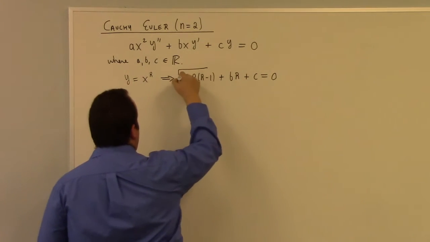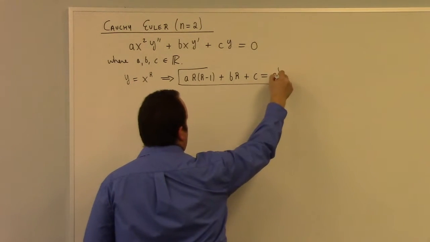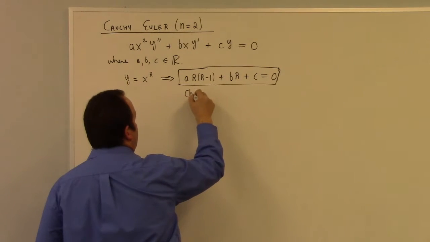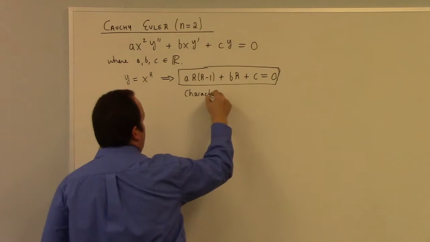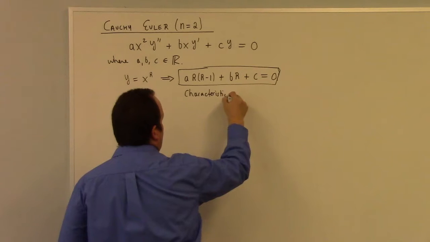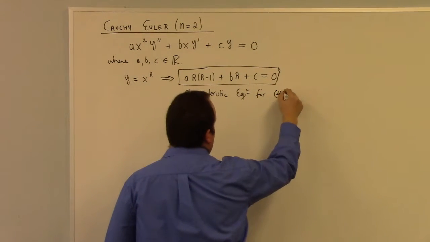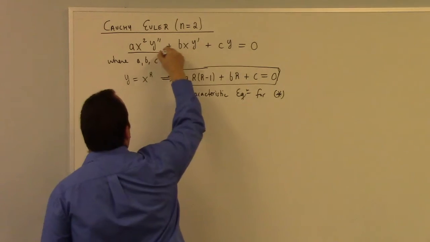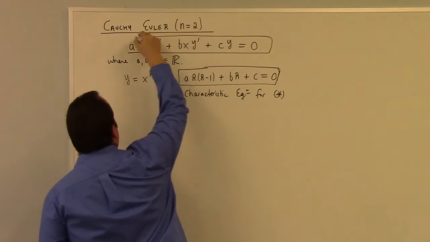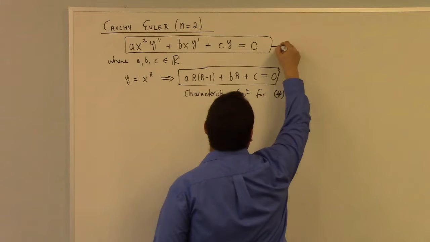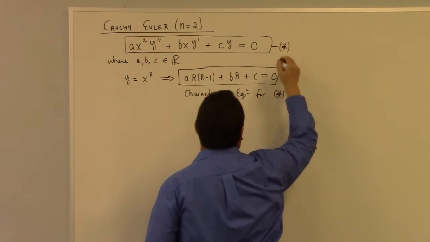So this is, I mean, it's not sort of, it is the characteristic equation for this problem. All right, so it's a little bit different than the constant coefficient problem we worked before, but at the same time, not so different, right?